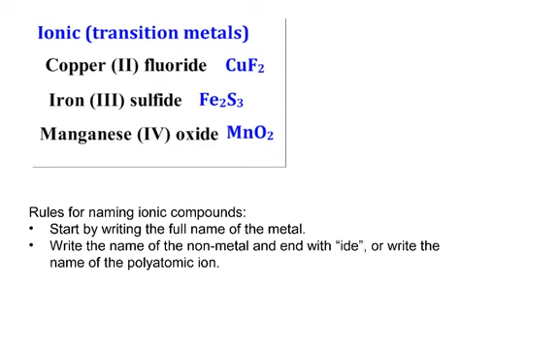So please add to your rules for naming ionic compounds. So you start by writing the full name of the metal, you write the name of the nonmetal, end it with IDE, or write the name of the polyatomic ion. So let's add to that a third step.